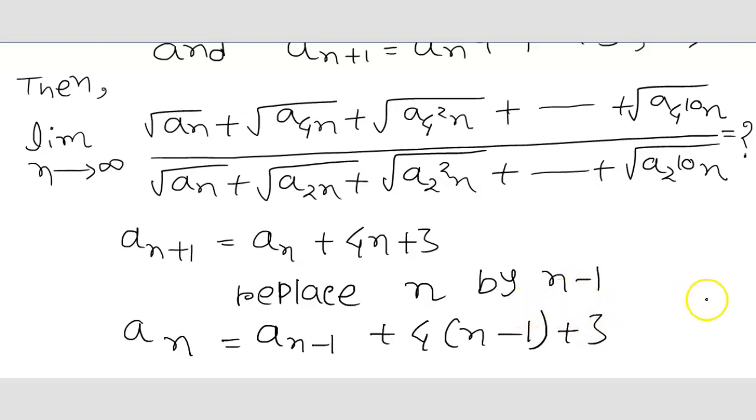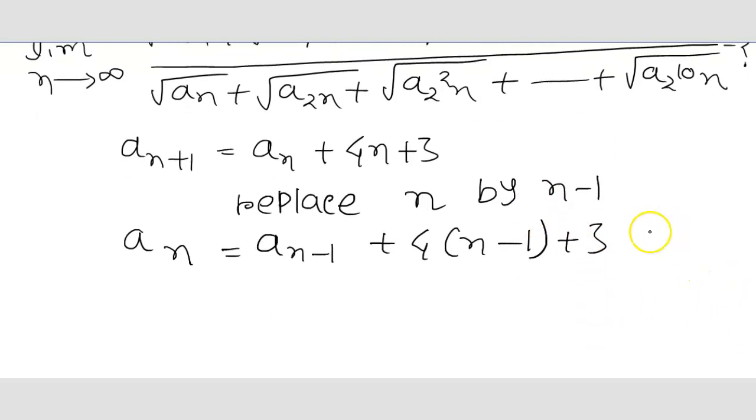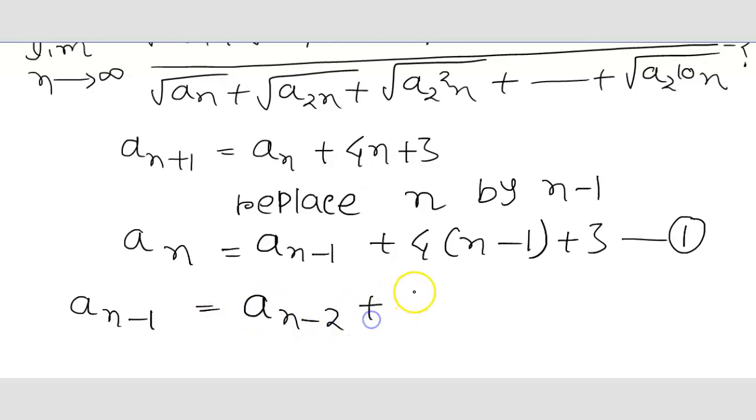Right. Now let's call it 1. Now, if you replace n by n minus 1 here, that is in 1, then it becomes a_{n-1} = a_{n-2} + 4(n-2) + 3.